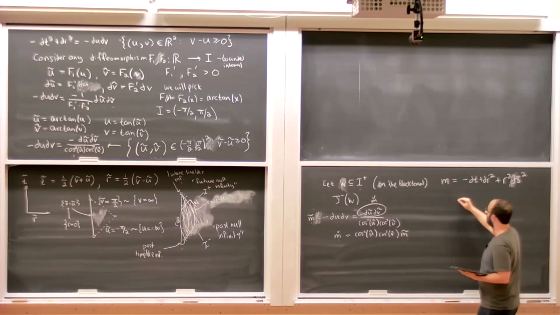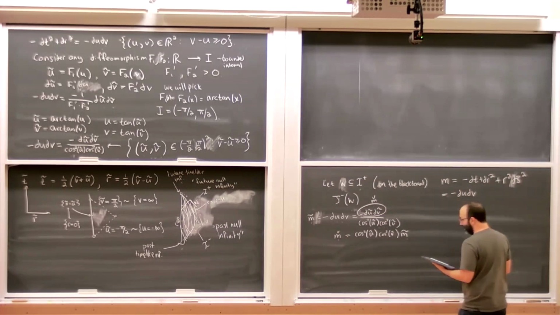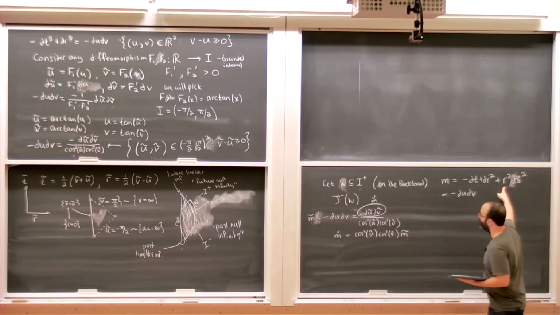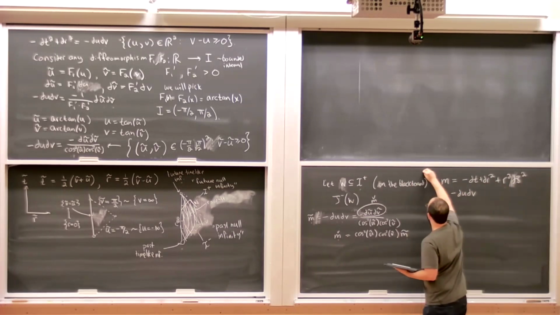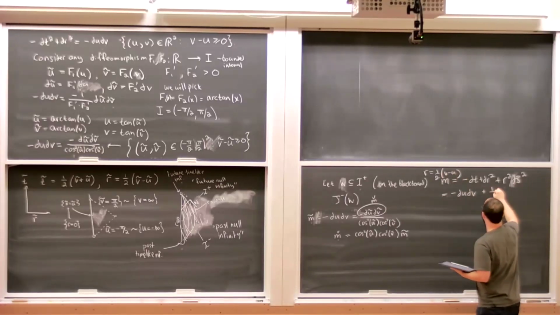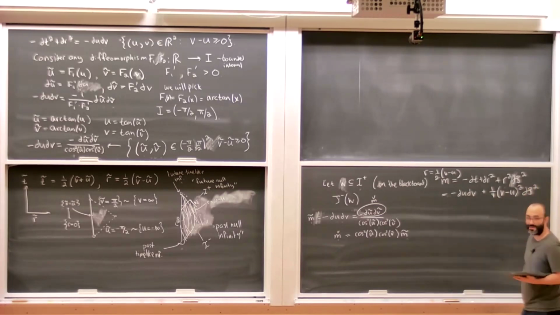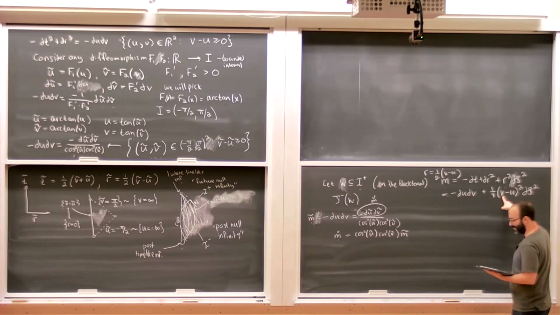Okay, so this I can write still in du dv, and if you work out what r is, r is 1/2 (v minus u), right? So this becomes plus 1/4 (v minus u) squared.